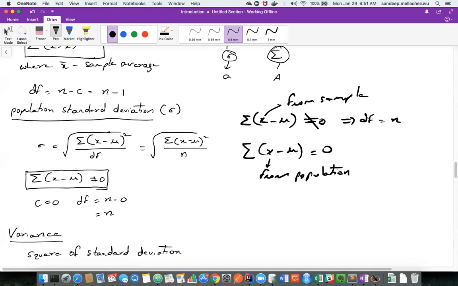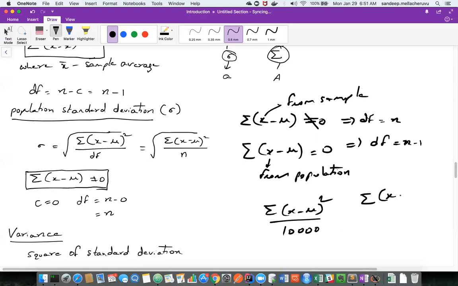So in this case, the degrees of freedom is n minus 1, but the problem here is, sigma x minus mu by some 10,000 versus sigma x minus mu square by some 9,999. So the value that you get out of this minus 1 is very much negligible.